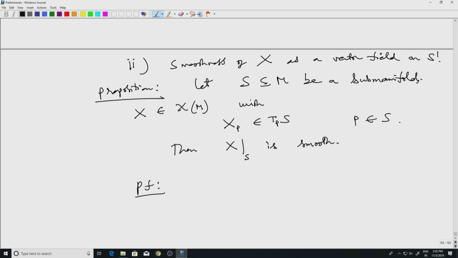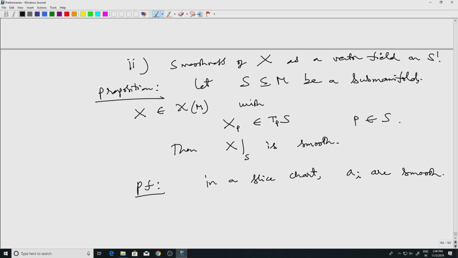You would just take a slice chart around P. In a slice chart, the a_i are smooth. The a_i are the usual coordinate functions.